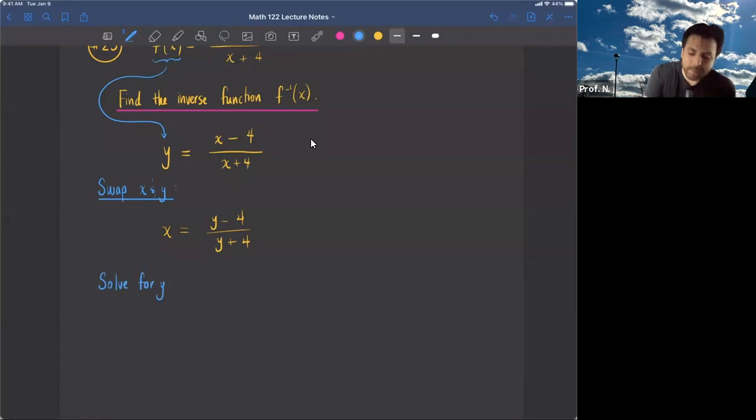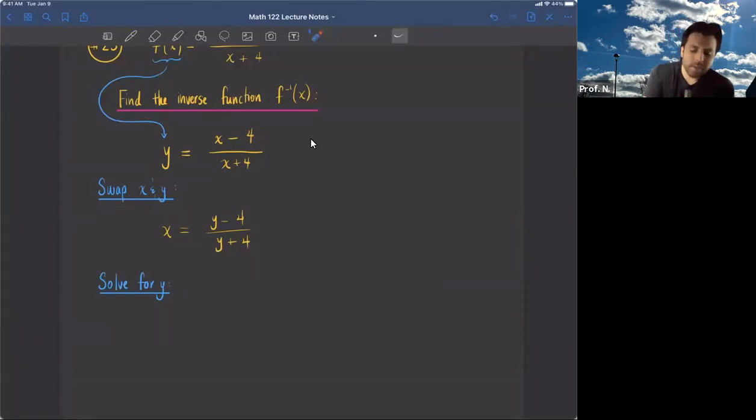We solve for y. So when we do this algebraically, that's really what we're doing. We're just swapping x and y and solving for y. So now at this point here, we are looking at how to solve for y algebraically.